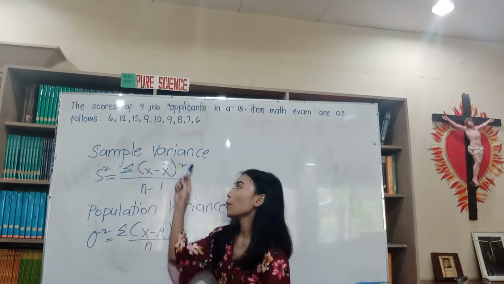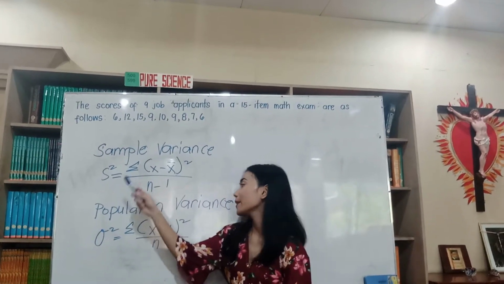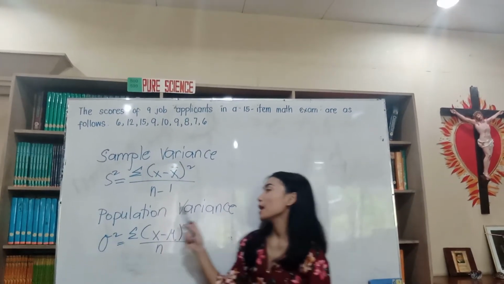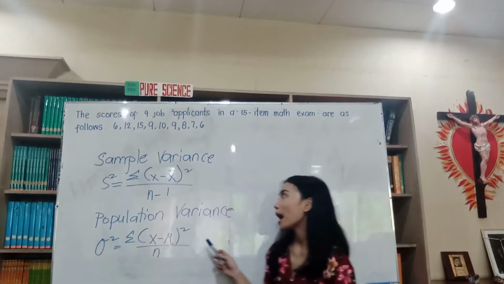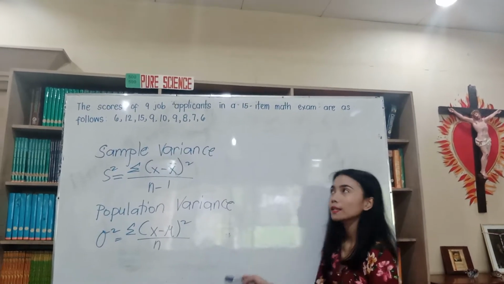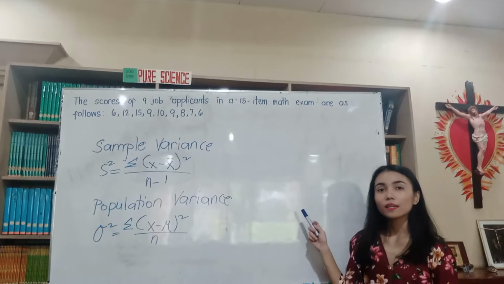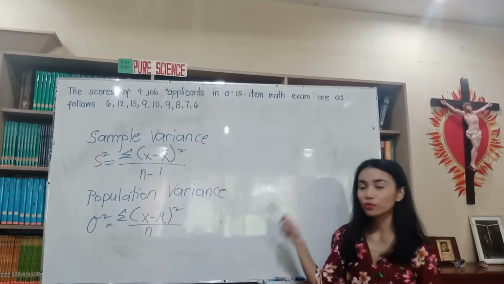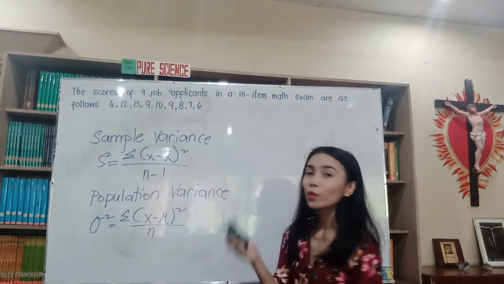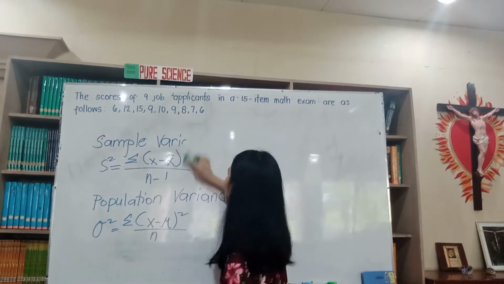To get the numerator of the sample variance and the numerator of the population variance, we have to subtract the mean from the data. To get that, we should solve first.